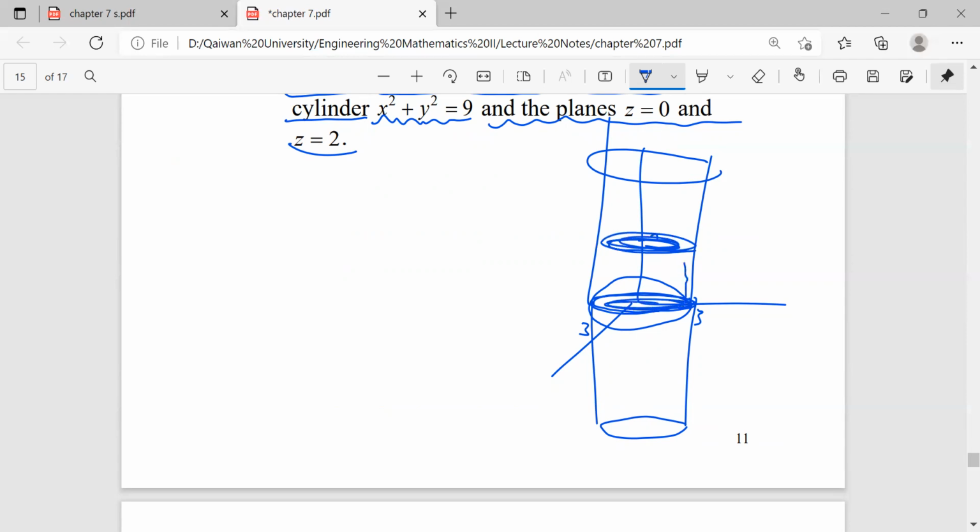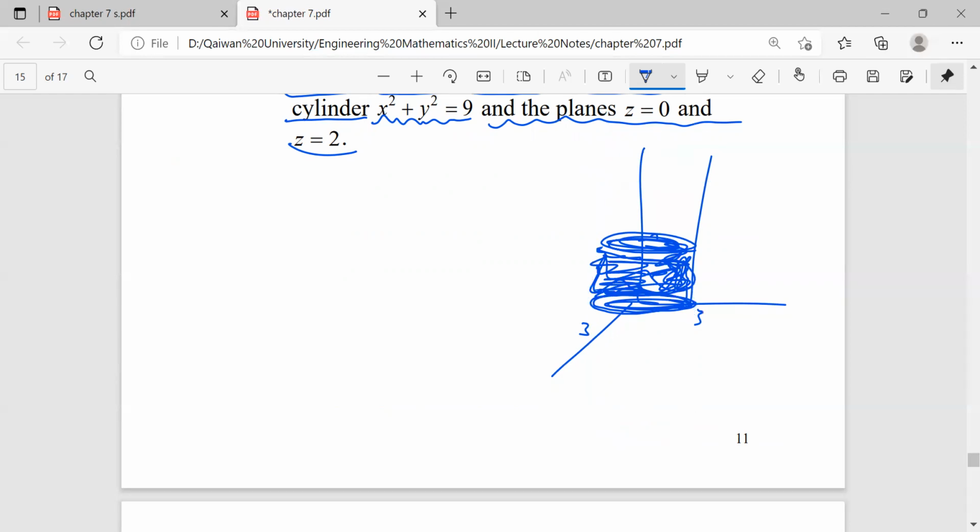So here we find the double integration over this part of the surface. We don't need this, so I'm going to delete it.